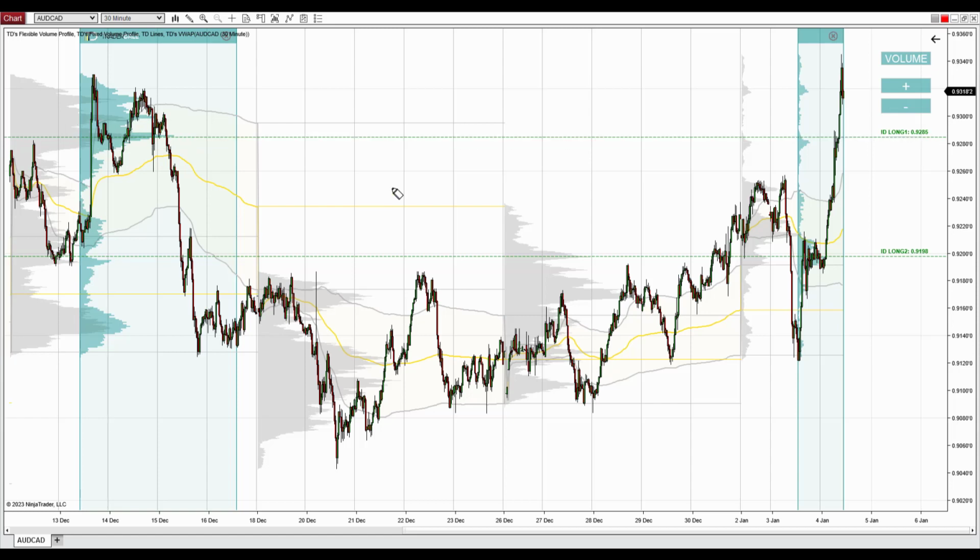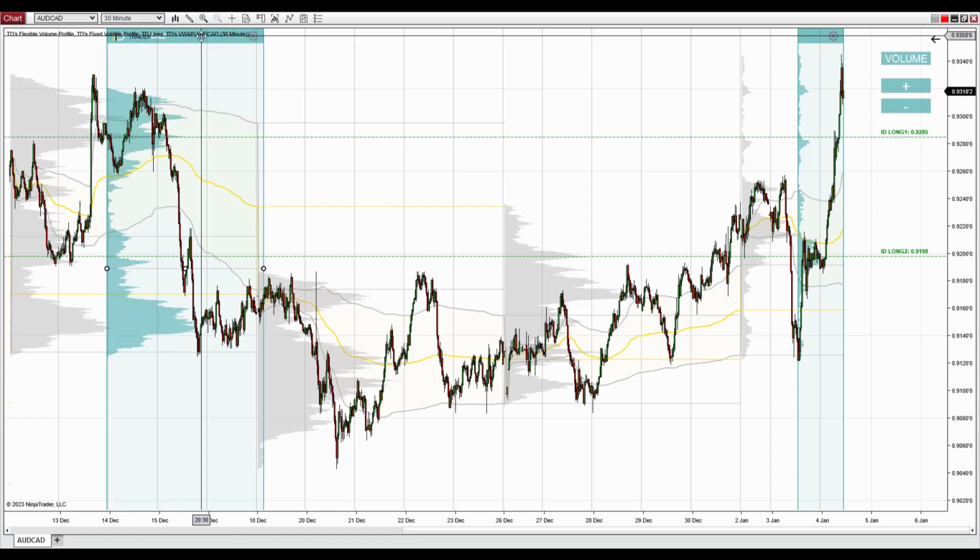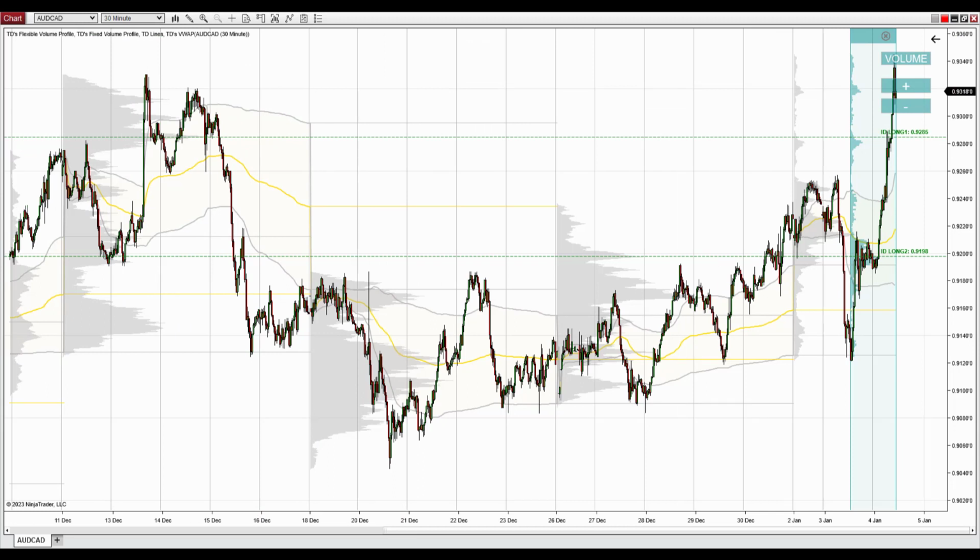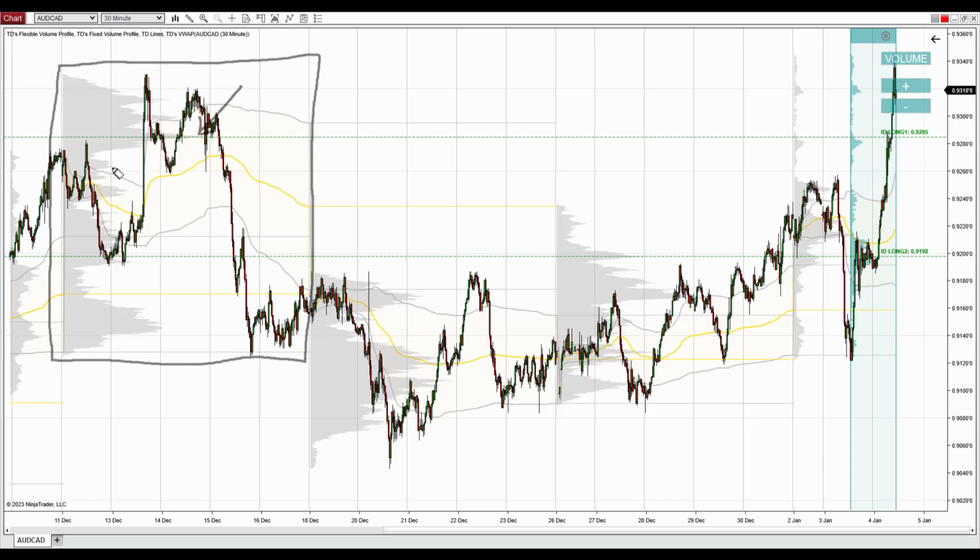If I delete this and also the flexible volume profile, you can see that it was the weekly point of control from this whole week, right? If you look at the gray volume profile here, it's widest at this place. So this means that this was the weekly point of control.